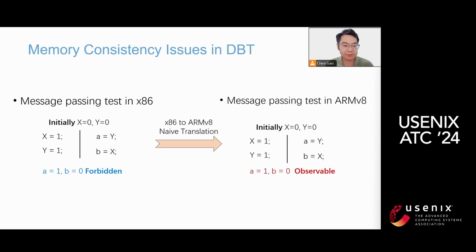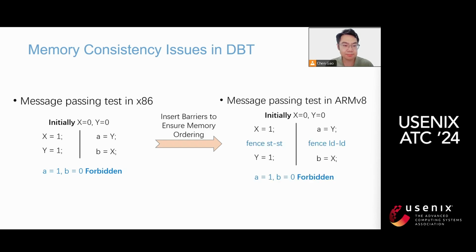However, if this test is naively translated to ARM without inserting any barriers, the result where A equals 1 and B equals 0 may occur due to the out-of-order execution of load and store instruction pairs. Therefore, it's necessary to insert barriers during the translation process to ensure correct execution on the host.